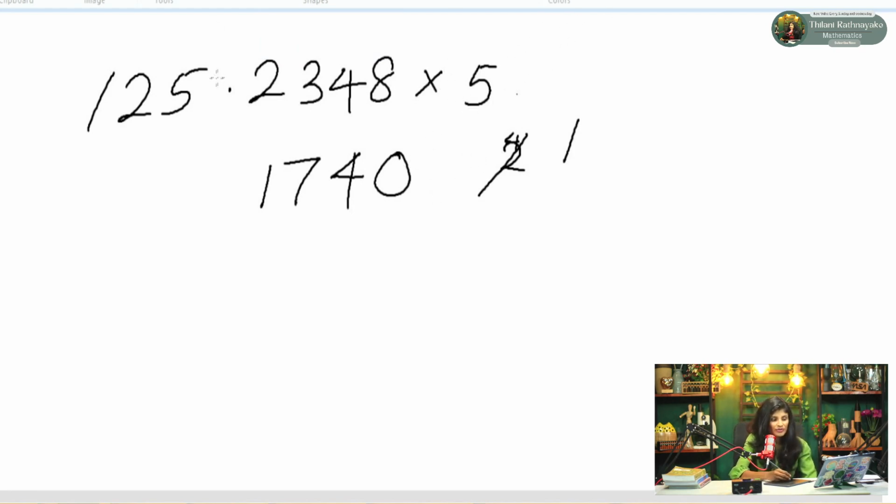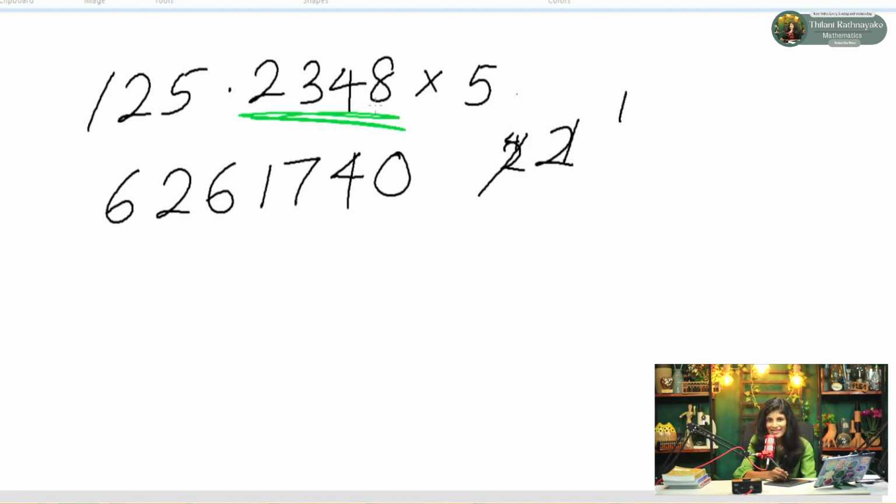5 times 5 is 25 plus 1 is 26. 2 is remaining. 5 times 2 is 10, 10 plus 2 is 12. 1 is remaining. 5 times 1 is 5, plus 1 is 6. So now this is the answer, but this is not the final answer. We have to keep the decimal place now. In this question, how many decimal places are there? 1, 2, 3, 4. 4 decimal places.